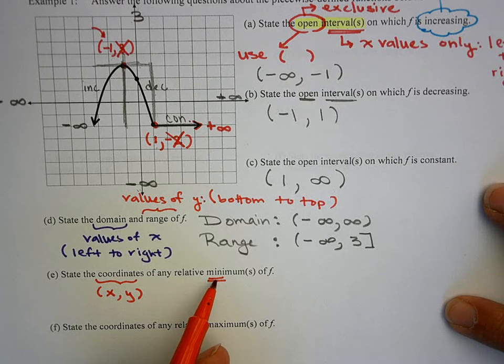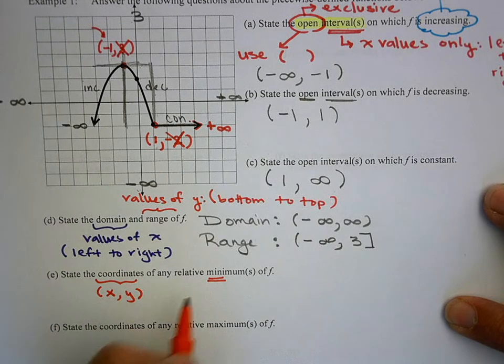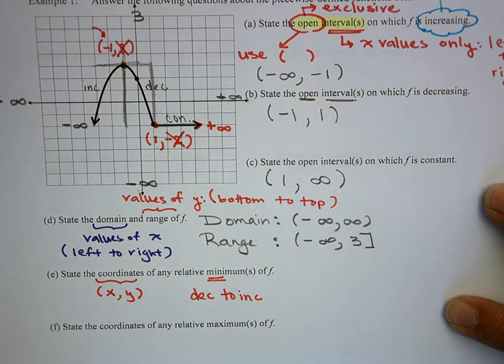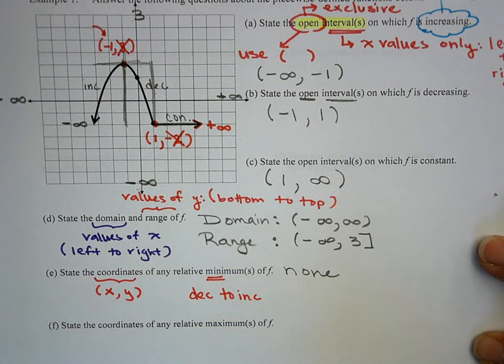So if I look, because I labeled this already, the graph goes from increasing to decreasing to constant. So there's no place where it goes decreasing first and then increasing. So that means there are no relative minimums, right? So there are none, okay?